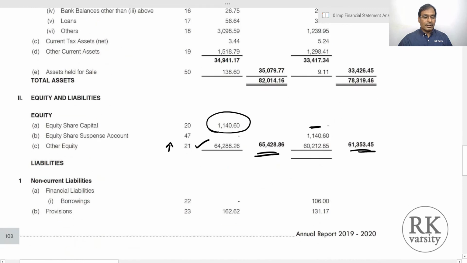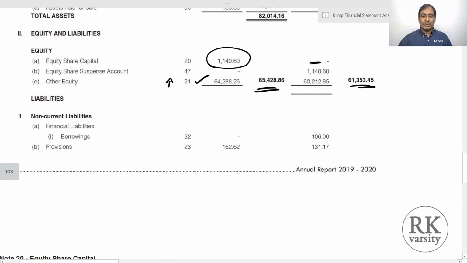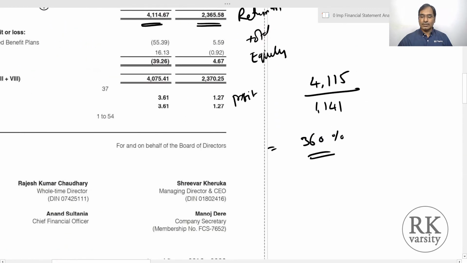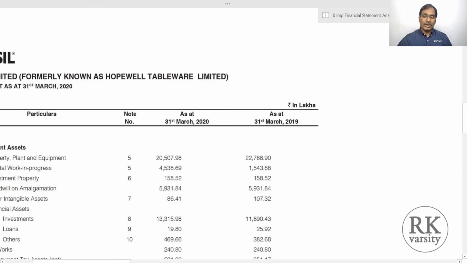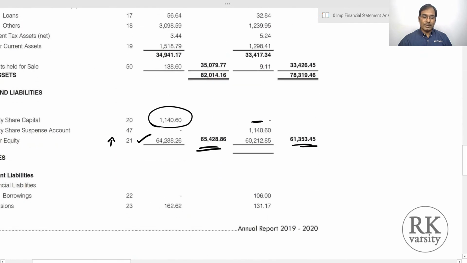If you look at most companies, they run with liabilities. Pardon, here I considered only equity issued. So this is wrong. You need to consider the total equity. So total equity is a different amount. So this is 4,115 upon your total equity, which includes your reserves, surpluses and everything.